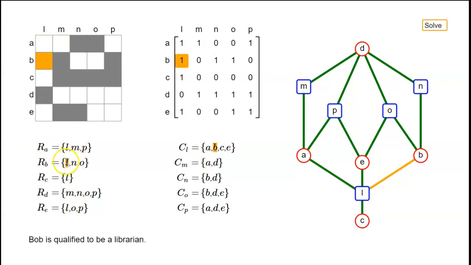So Anne does, and Bob does, and Kath does, and Ella does. So Anne, Bob, Kath, and Ella are the people who are qualified to be a librarian. In other words, the candidate set for librarian is A, B, C, E. So if we know the role sets, then we can work out the candidate sets. If we know the candidate sets, we can work out the role sets.